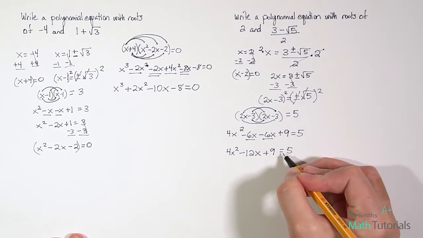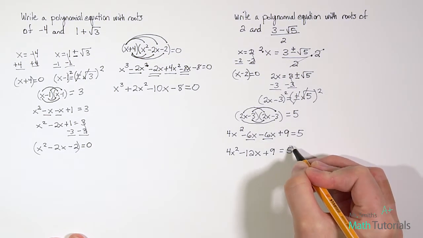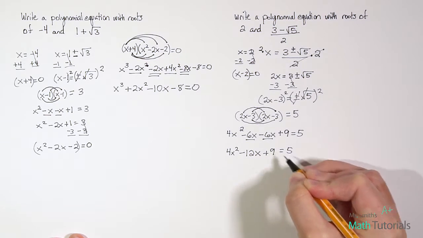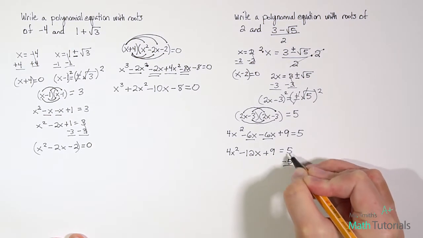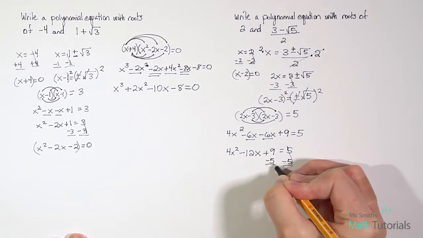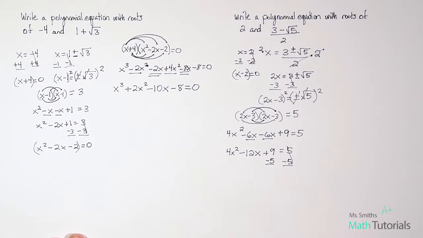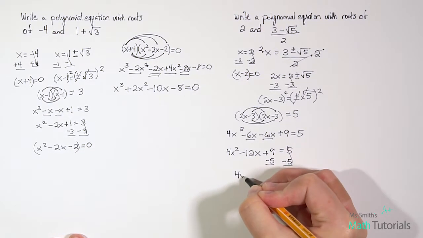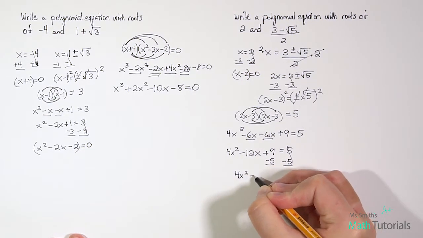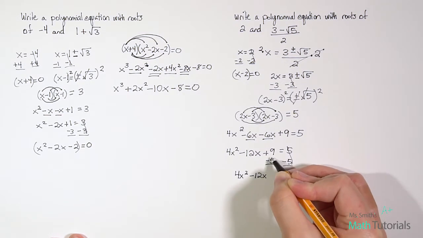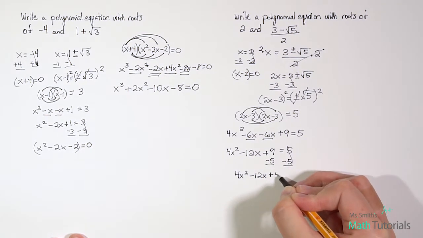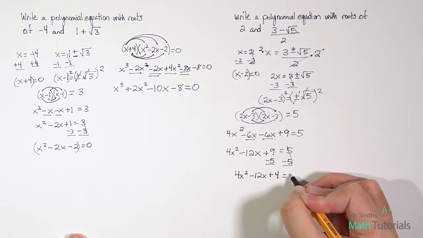So my final step to make this equal 0 is to get rid of this 5. Let's move it over to the other side. So we want to subtract 5. Notice I put it under the like term. So I've got 4x squared minus 12x, and then 9 minus 5 is a positive 4 equals 0.